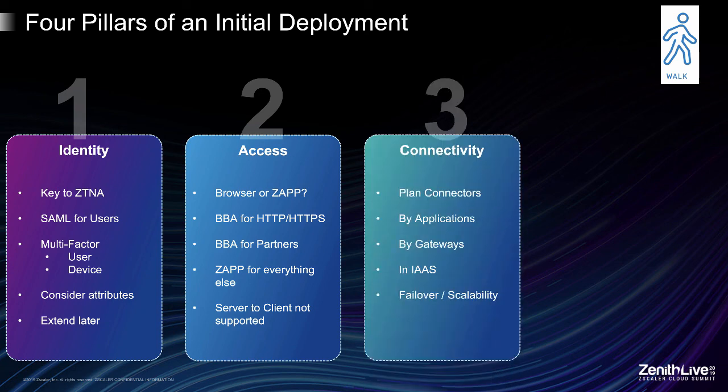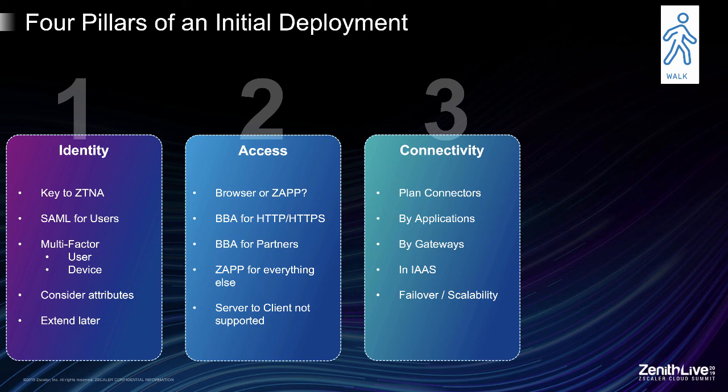Plan your connectors. The connectivity is really important. Place the connectors by the applications where there is an internet gateway. Place it in the infrastructure as a service. Place them in a specific availability zone in a specific region. Maybe do it in their own VPC with VPC peering.